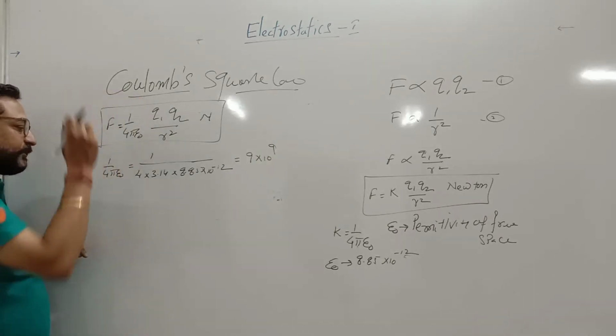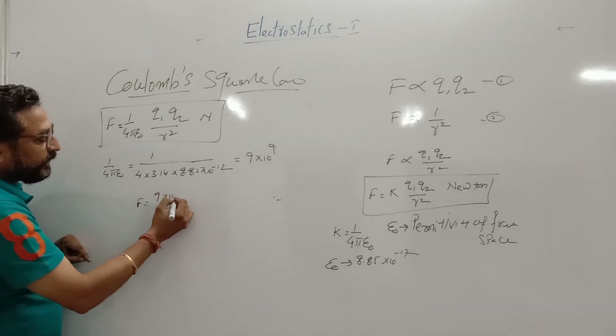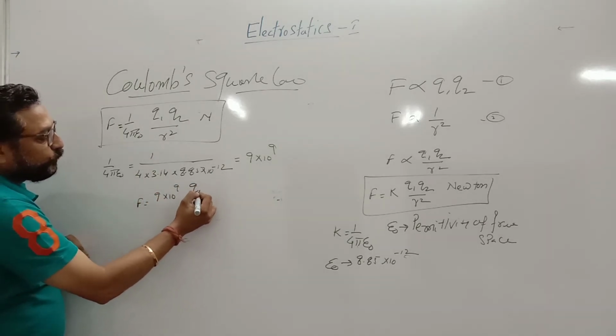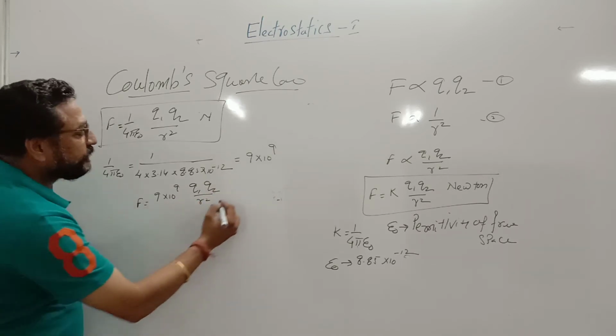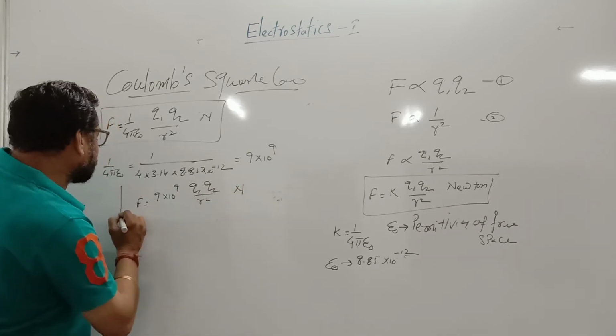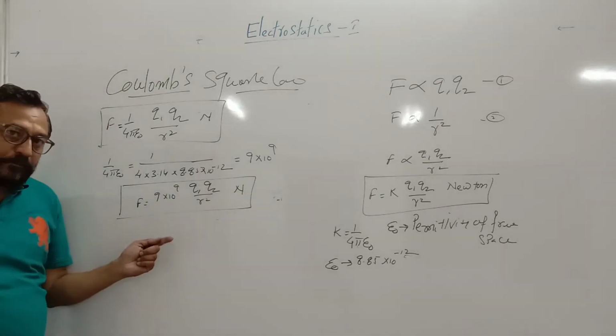So the final answer is F is equal to 9 into 10 to the power 9 Q1 Q2 upon R square, and the unit is Newton. That's simple. This is Coulomb's inverse square law.